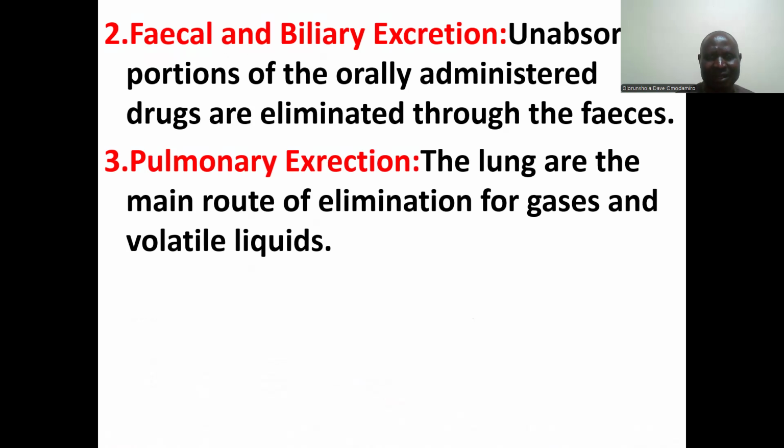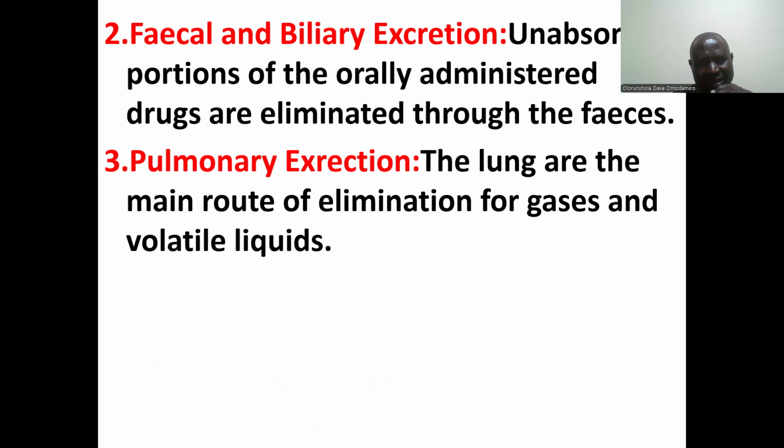So let me say a few things on other ways by which drugs can be excreted, the fecal and biliary excretion. Some unabsorbed portion of the orally administered drug is eliminated in the feces. Not all the drug is absorbed. Those that are not absorbed get eliminated through the feces, and also through pulmonary excretion, that is the lung.